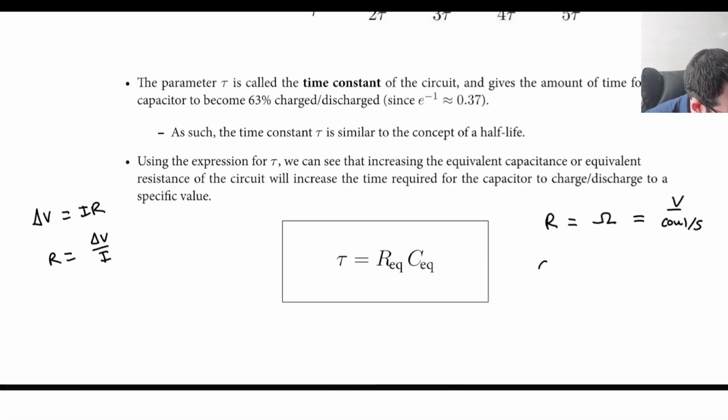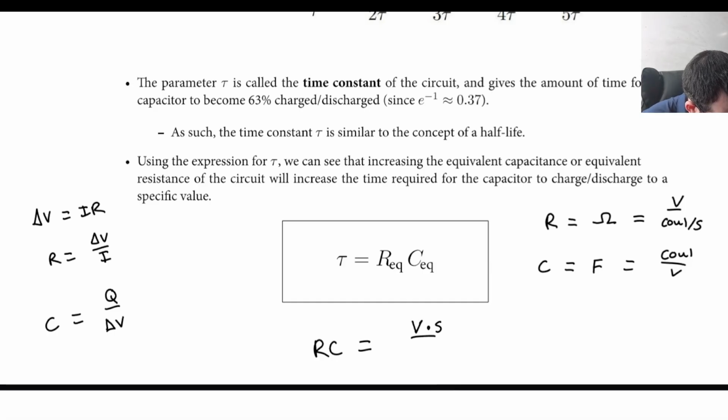And then what is capacitance? Well, capacitance is a farad. Also not helpful. What's a farad? Well, remember that capacitance is defined as charge per volt, so a farad is a coulomb per volt. So this means RC is equal to volt times second over coulomb, times coulomb per volt.